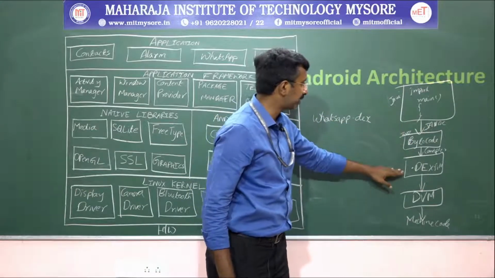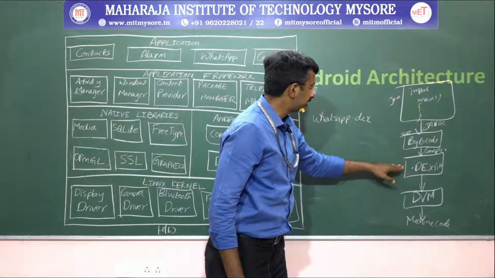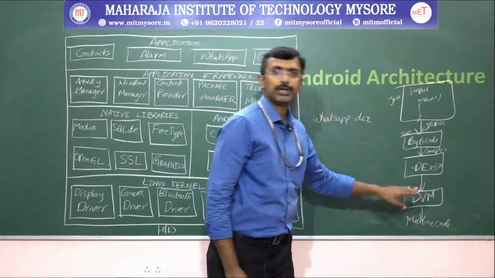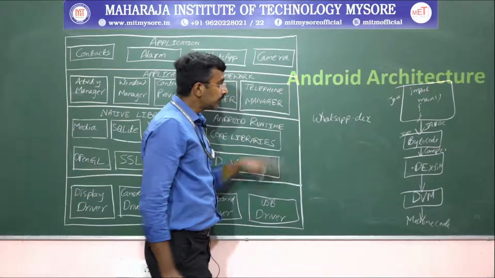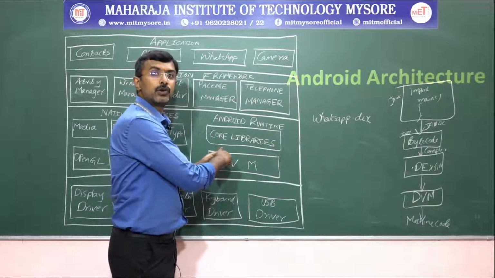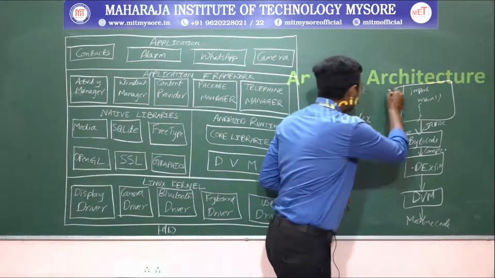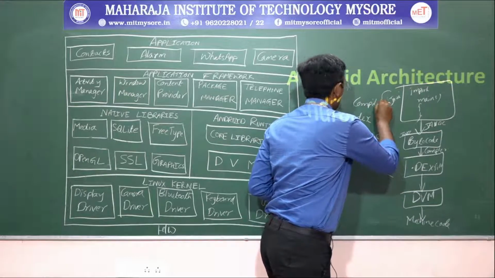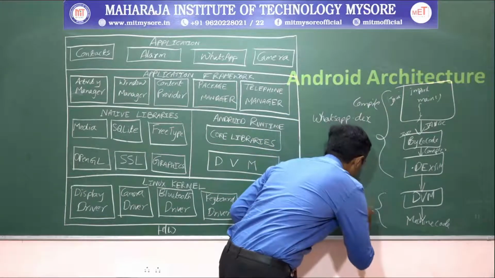Bytecode is converted into a DEX file using a compiler, and this DEX file is converted into machine code using the Dalvik virtual machine. This is completely done at runtime. That's the reason we call it Android runtime. This is at compile time, and this is at runtime.